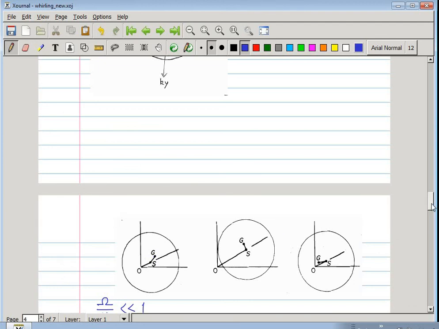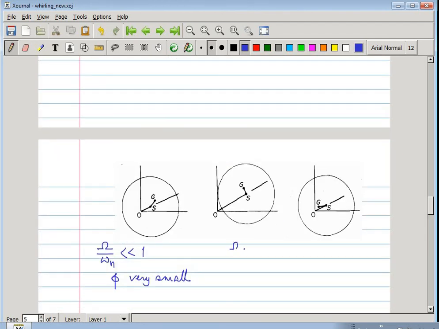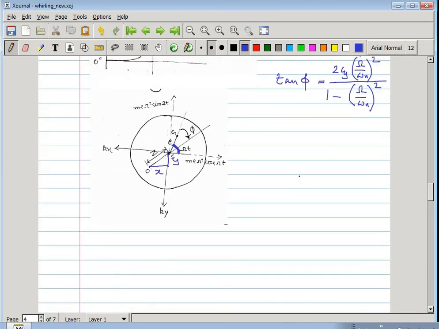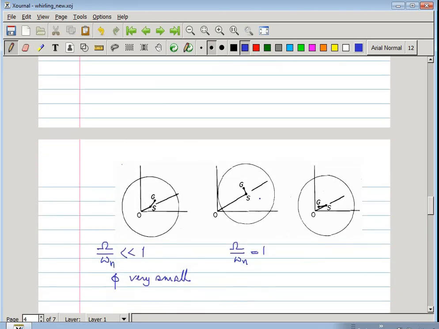And what happens when omega equals omega n, that is at the critical speed? Phi is 90 degree. So E is here, OS is here, and if you extend, this is 90 degree. So this is like this.